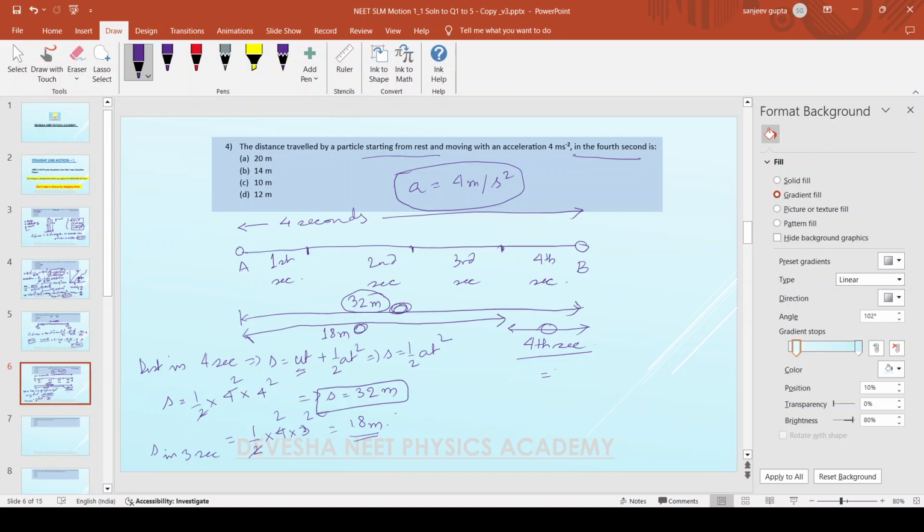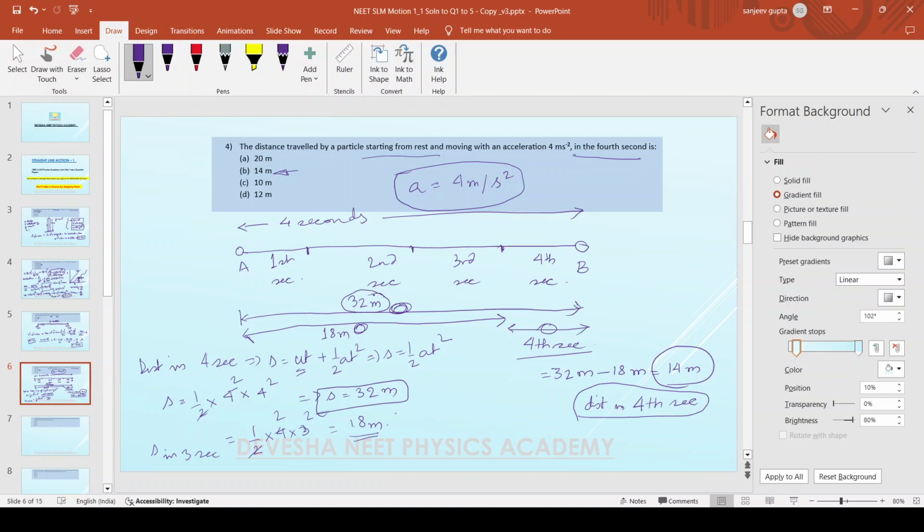This is equal to 32 meters minus 18 meters, which is 14 meters. So this is the answer, the distance in the 4th second. If you look at the answers given to us, this is the answer.